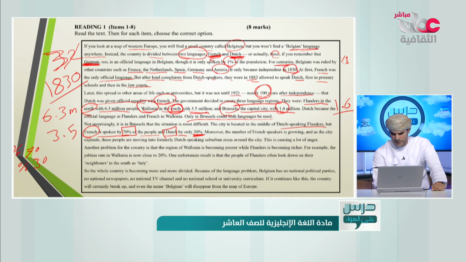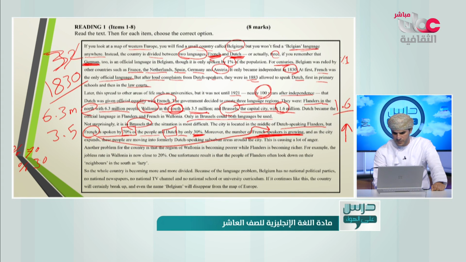The number of French speakers is growing. French speakers in Brussels is what? Growing. And the city expands. These people are moving into formerly Dutch-speaking suburban areas around the city.